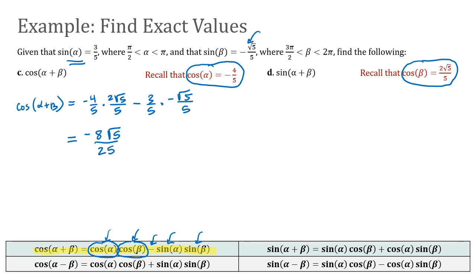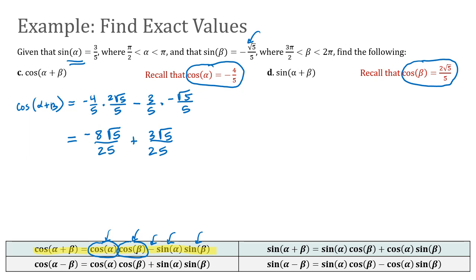All right, the second term, I have minus 3/5 times negative square root of 5 over 5. So that's going to give me plus, those double negatives, and I'm going to have 3 times the square root of 5 over 5 times 5, which is 25. Now, a nice thing has happened on this one.